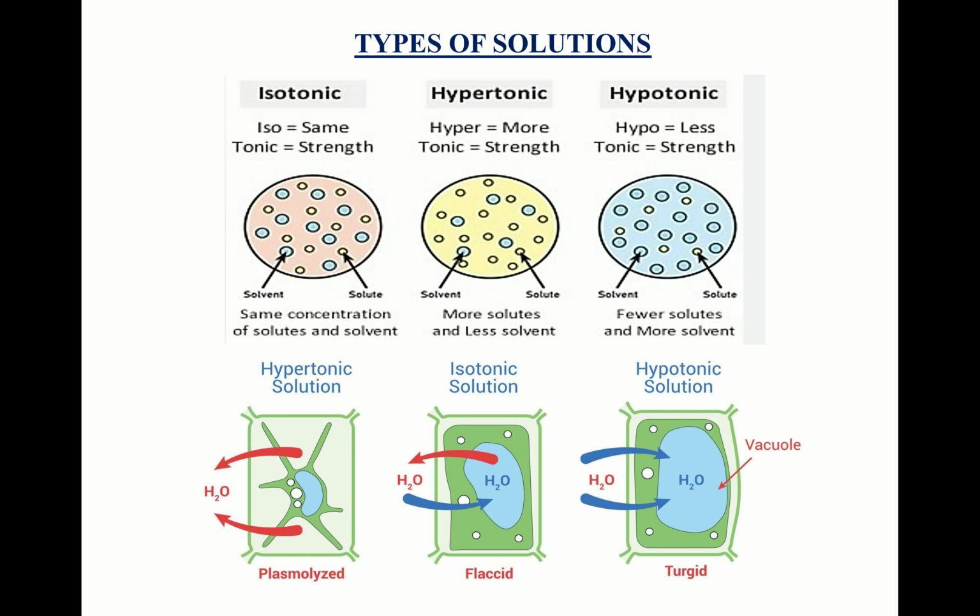In case of isotonic solution, iso means same, tonic means strength, meaning the solutions have the same strength. So here the solute and solvent concentrations are the same, and as you can see here, the cell will be in the flaccid condition. Why?